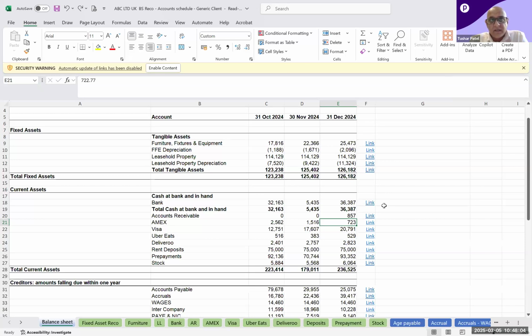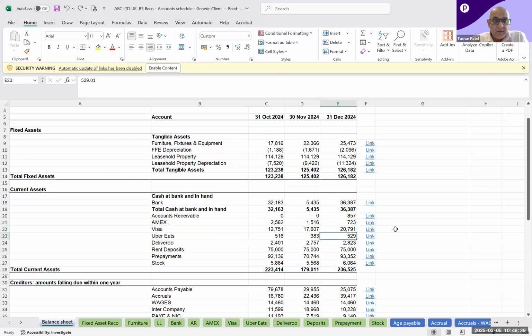Normally, Amex and Visa take 2 to 3 days to actually pay the amount to you before it hits your bank account. So hence they are outstanding and are still an asset in your books, but you're waiting to receive the physical cash. We do provide a reconciliation to this as well, which in theory, if you shut shop today, should zero within a couple of days because you would receive all the amounts from Amex and Visa.